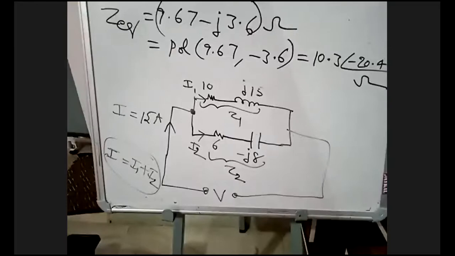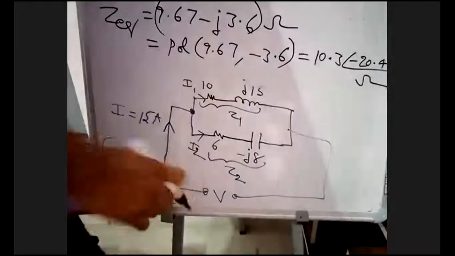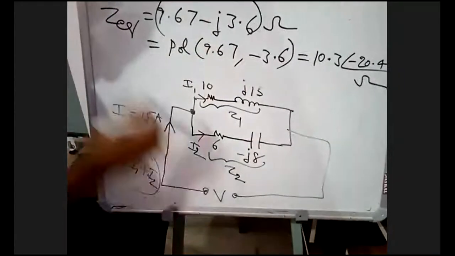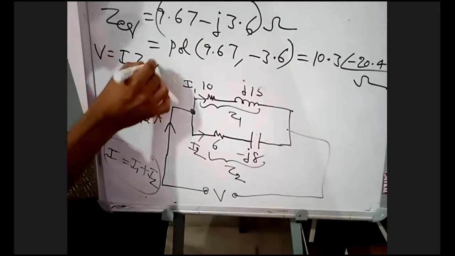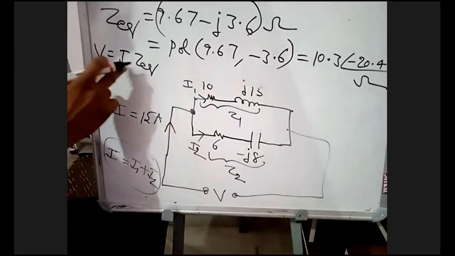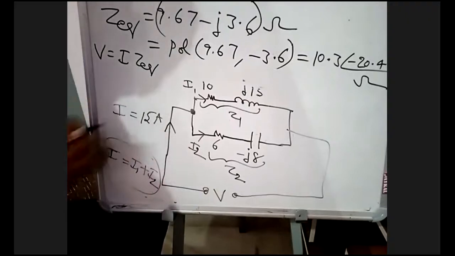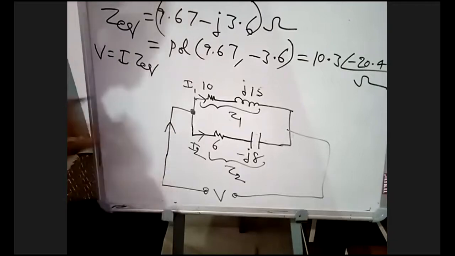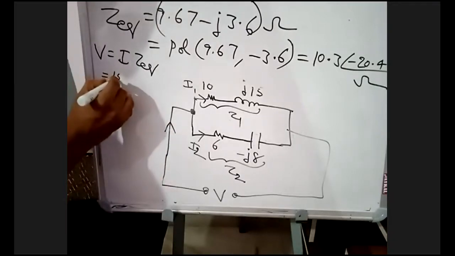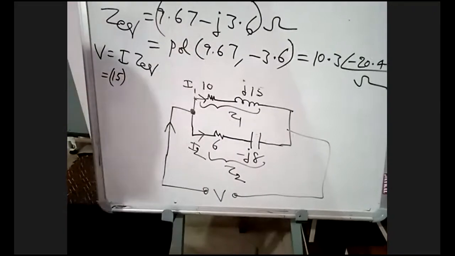Now we know Z. Now I can calculate the total voltage. Total voltage is equal to I into Z equivalent. Your I is 15.